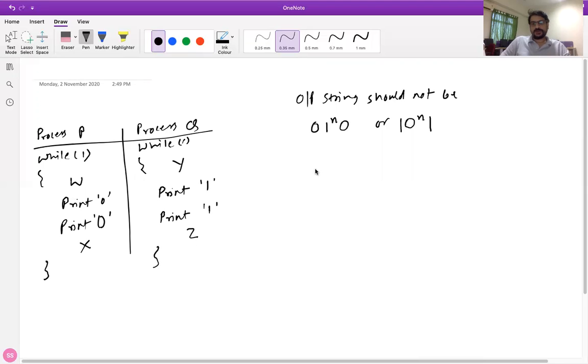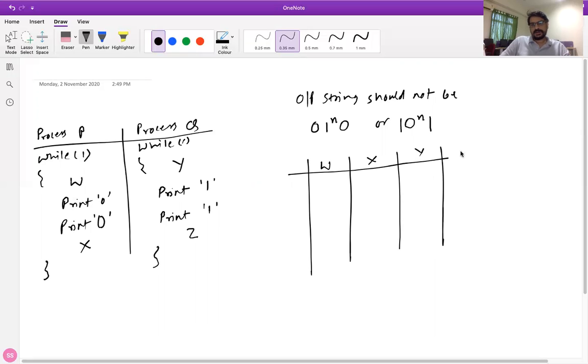What are the options for W, X, Y, and Z? We have the options A, B, C, and D. Let's see, the first option is PS, VS, PT, and VT.